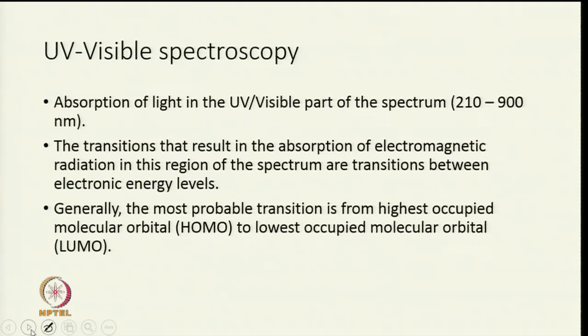As I discussed earlier, the transitions that result in the absorption of electromagnetic radiation in this region of the spectrum are basically transitions between electronic energy levels, and generally we are concerned about the most probable transition.